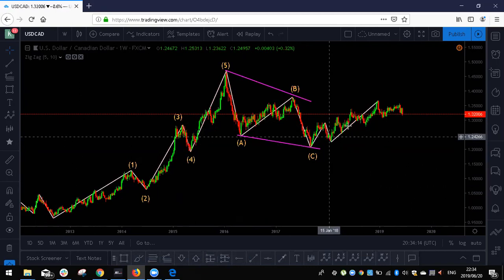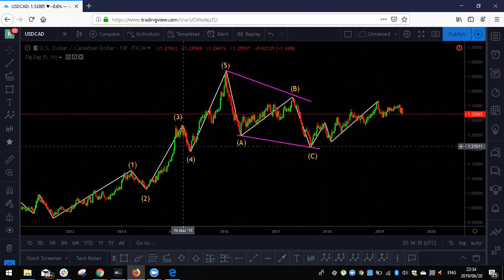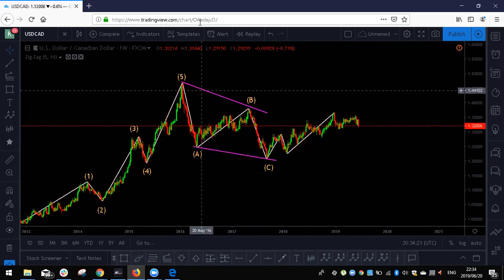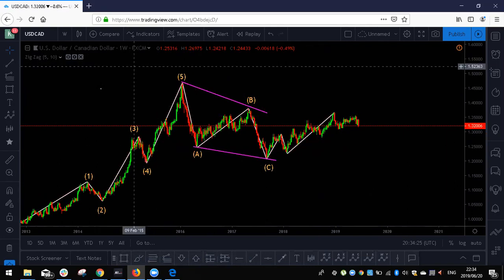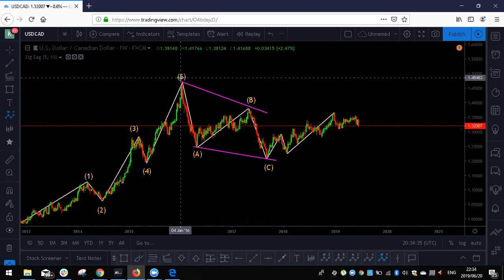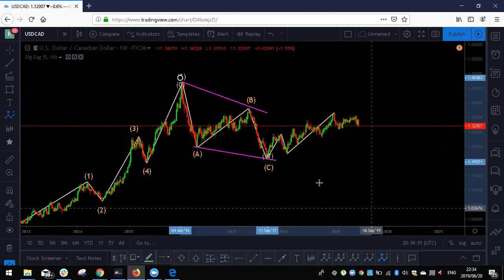But can you see we're not getting momentum to show that we're starting this corrective structure. So what I'm thinking is that we are getting a WXY move, because you can see from there we have a complete flat correction like this.